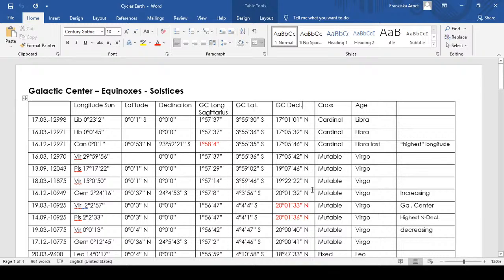We can see here that was the time when I found the highest northern declination, and it stays the same for years and years and years. So it's a trend. It's nothing that just jumps from one moment to the other. No, it is very, very slow moving.